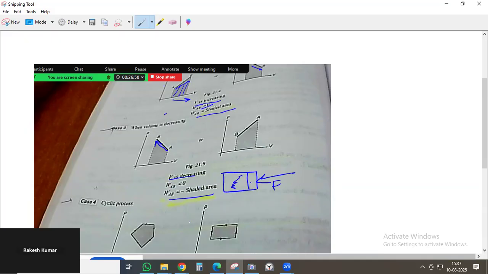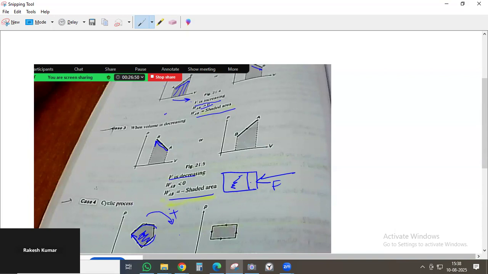If it's a cyclic process, then the work is the area inside. Why? Because from here to here it was expansion, and from here to here was negative work. So what is remaining is this. If it's clockwise, then it is positive. If it's anti-clockwise, it is negative.